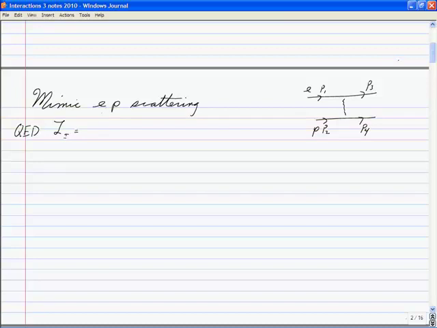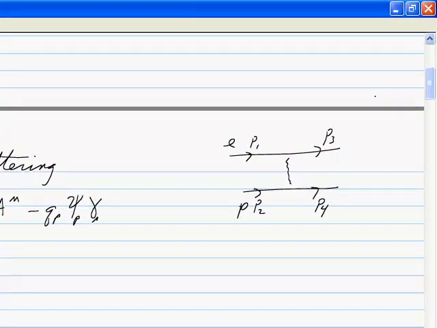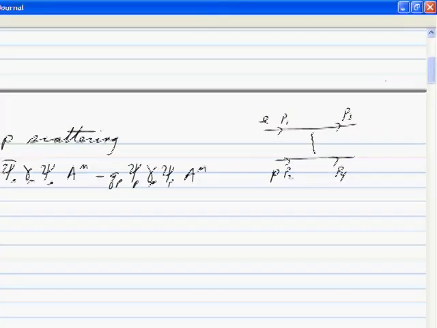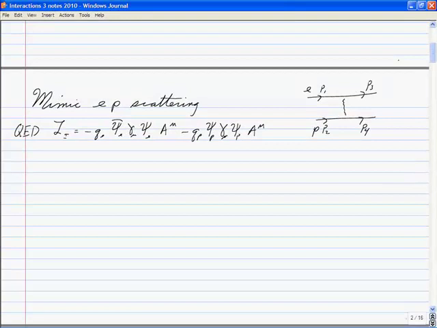It's minus the charge on the electron, psi bar electron, gamma mu psi electron, that's the current of the electron, A mu, minus the charge on the proton's current, okay, so that's the interactions of QED that we would have gotten, the electron interacting with the photon.